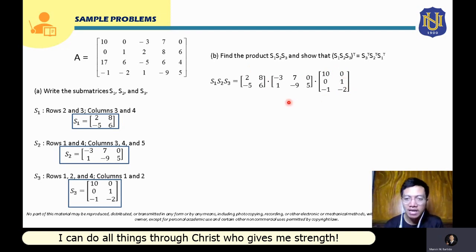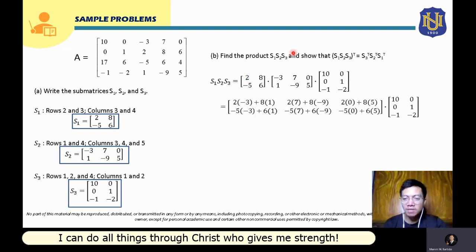You can only multiply matrices that are placed side by side. So you can multiply this first or this first. In this case, we are going to multiply first the first and second submatrices.